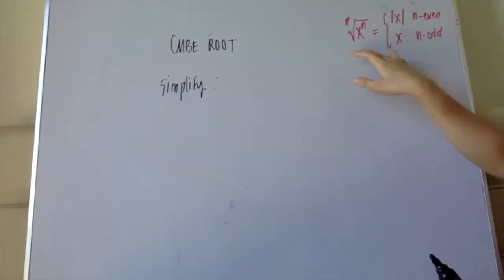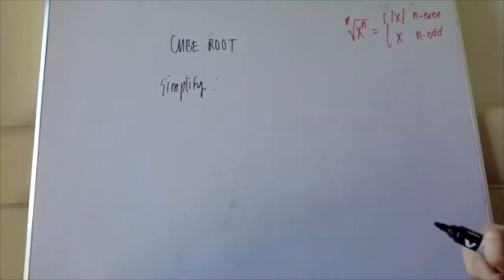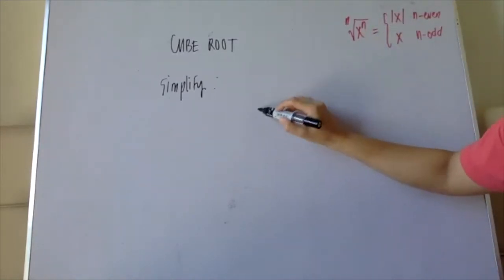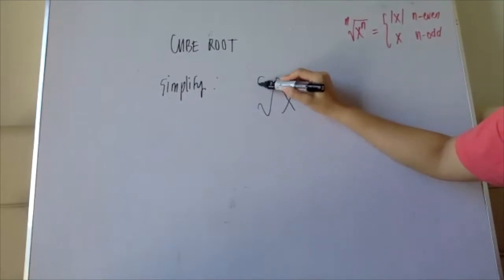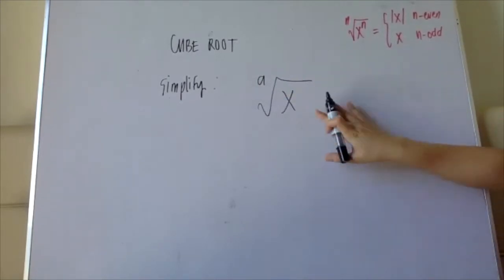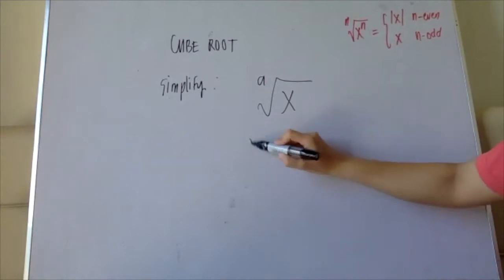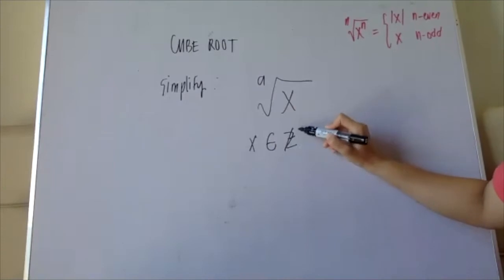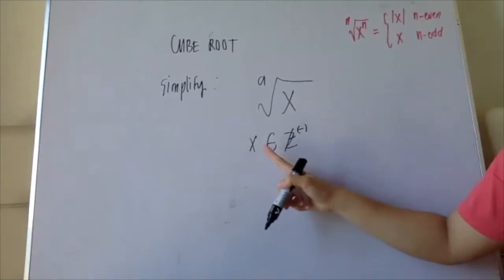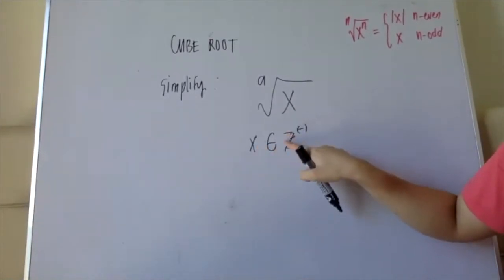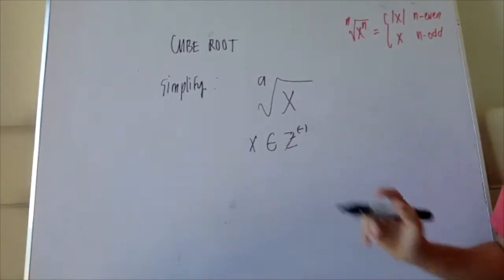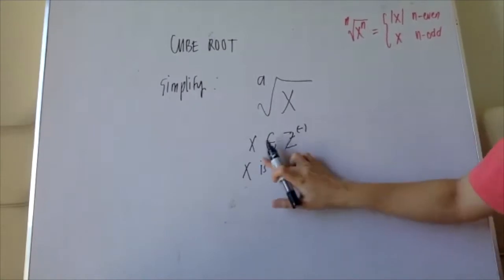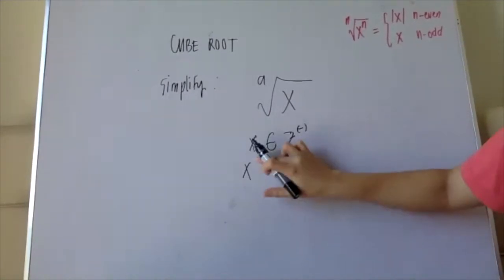So, kapag may ganito ka, sige, wait, sulat ko na lang dito. X raised to A. Okay? So, let's say X is a negative integer, or X is less than 0.